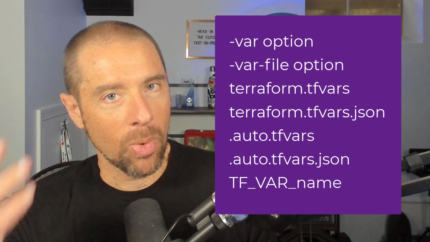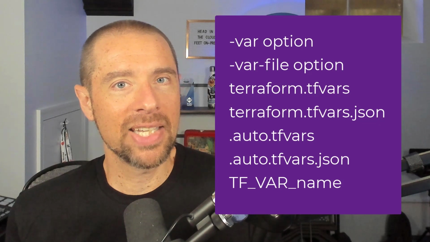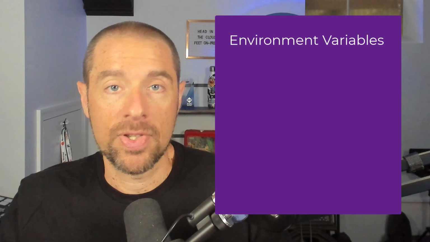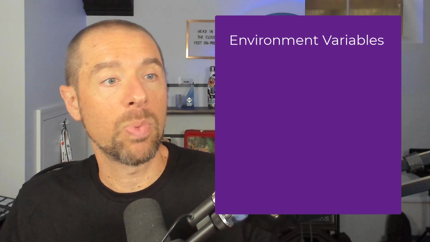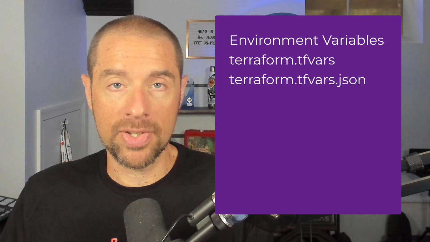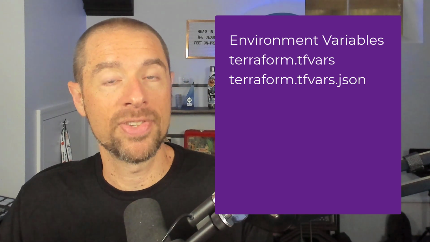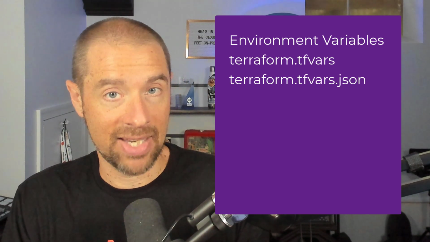Now, the order of evaluation is a bit of the inverse. So here's how Terraform evaluates the different variable values if you use multiple ways of providing input. First, it evaluates environment variables. Then it evaluates what's in the terraform.tfvars and terraform.tfvars.json files if they exist.